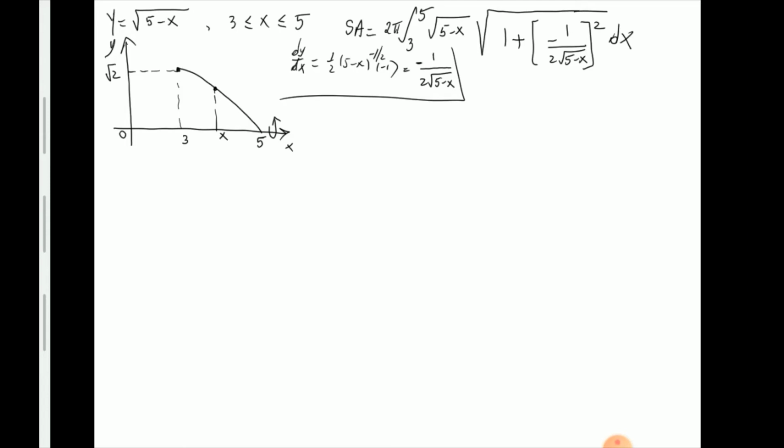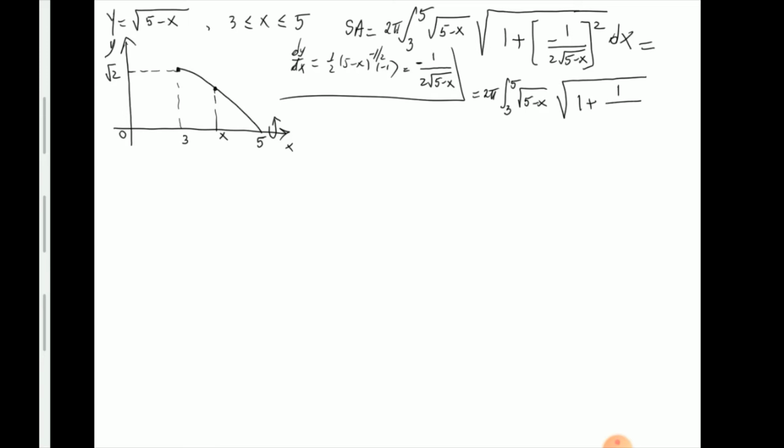Obviously, we have to do some algebra here so we can integrate it. You'll see, it's actually easier than it looks if you are patient with the algebra. So it's going to be 1 plus, let's raise this to the power 2, which is going to simplify the radical.